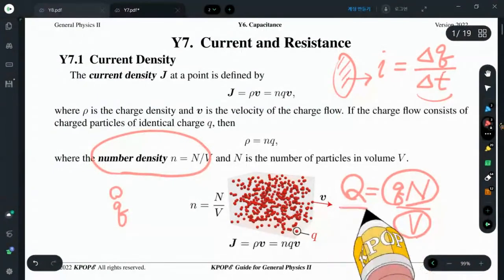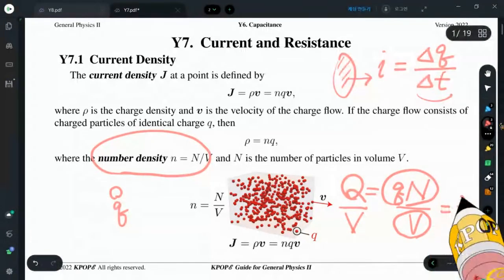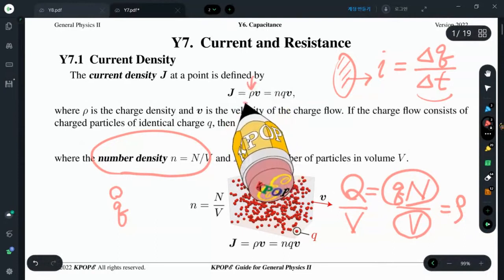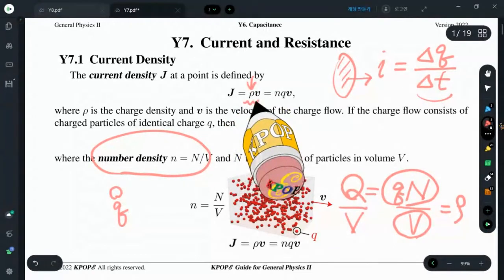So Q divided by V is the charge density, rho. This rho is the charge divided by volume, that is, the charge density.